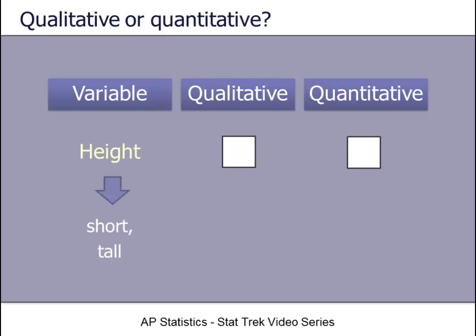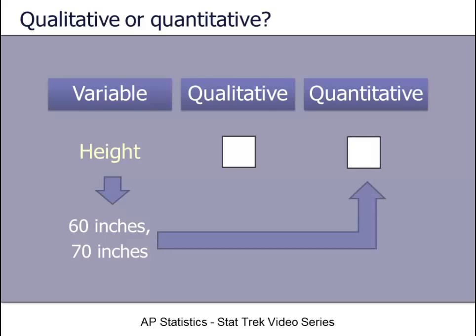Short and tall are words, not numbers, so in this case, height is a qualitative variable. On the other hand, we might describe the height of a person in inches. Here we use numbers to describe height. So in this case, height is a quantitative variable.